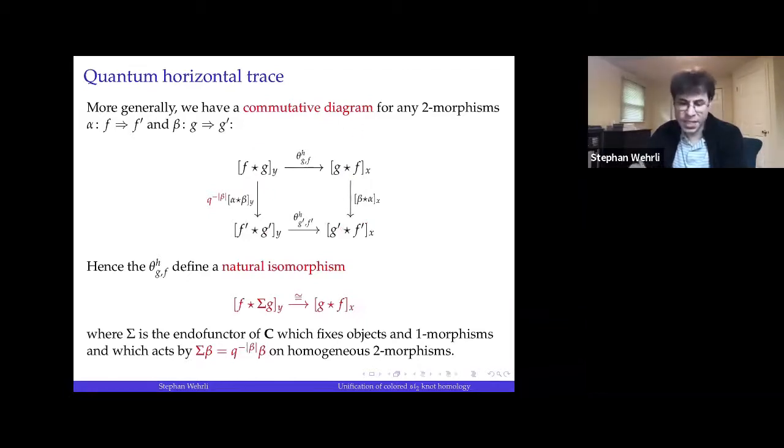So if you have a complex like this, you can get an isomorphic complex in which the two factors are flipped, and in which the differentials are rescaled by a power of Q. You could think that this power of Q doesn't matter because Q is invertible, but in general, the differentials can be sums of such terms, and then the power of Q that you get can be different from term to term. So that's how we're going to use this naturality property later.